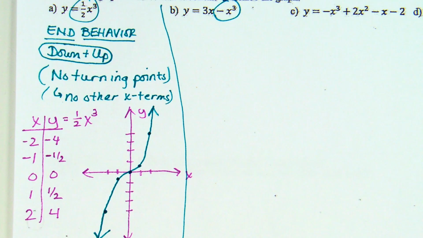So what would you call the end behavior if there's a negative in front of x cubed? Up and down. Because as you're going to the left, my graph is going up. As we're going to the right, my graph is going down. So my end behavior is up and down.